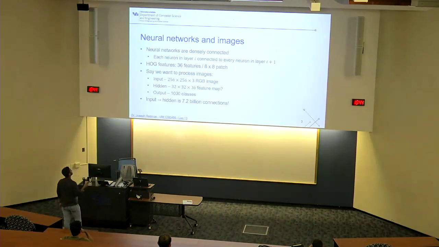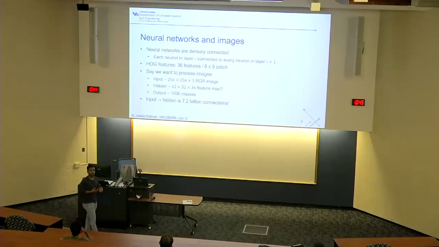And if you're trying to emulate something like extracting HOG features in the feature extraction half of the model, typically you calculate HOG features by looking in an 8x8 patch within the image by breaking it down into 8x8 patches. And each of those patches yields a set of features, typically 36 elements.